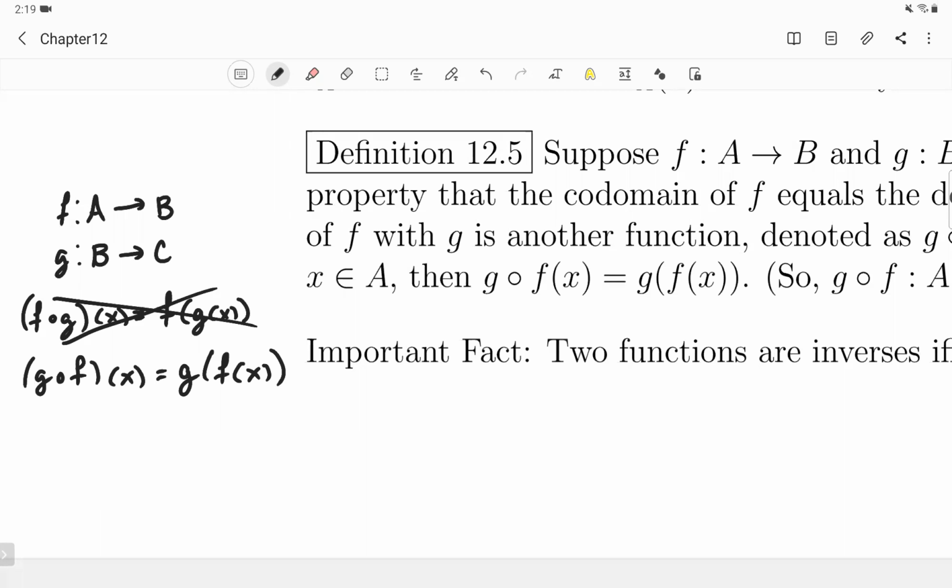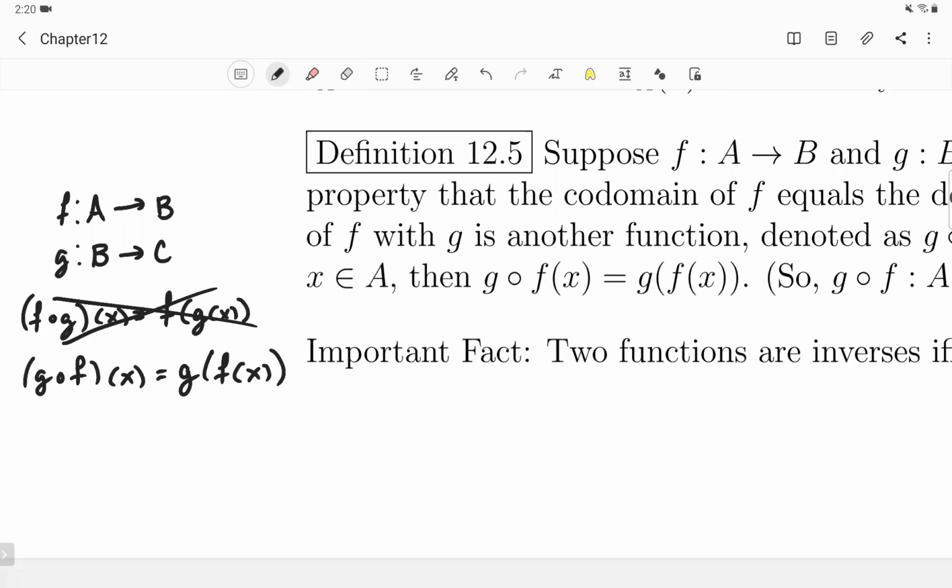You plug in a real number, it outputs a real number. Here in upper level math, your set might not be numbers. It could be letters A, B, C, right? And you could just say, okay, F sends A to 3 and B to 5. And so your composition, you have to be very careful about your sets as to what's being inputted, what's being outputted and plugged in, okay?